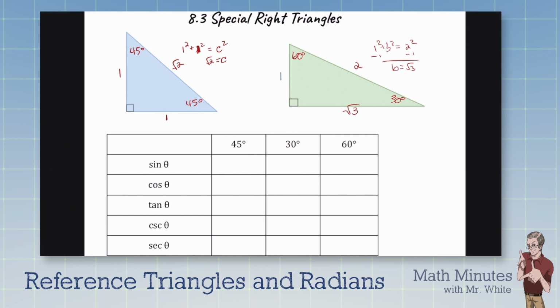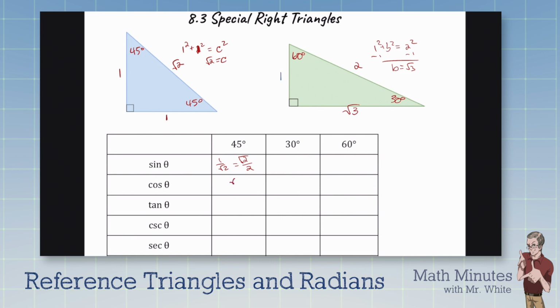So sine of theta. If we have a 45, the sine would be 1 over radical 2. And I'm not going to go this slowly in all of these. I just want to show you what I'm doing here. So sine theta for 45, you go to a 45, opposite over hypotenuse would be 1 over radical 2, which if you rationalize it is radical 2 over 2.